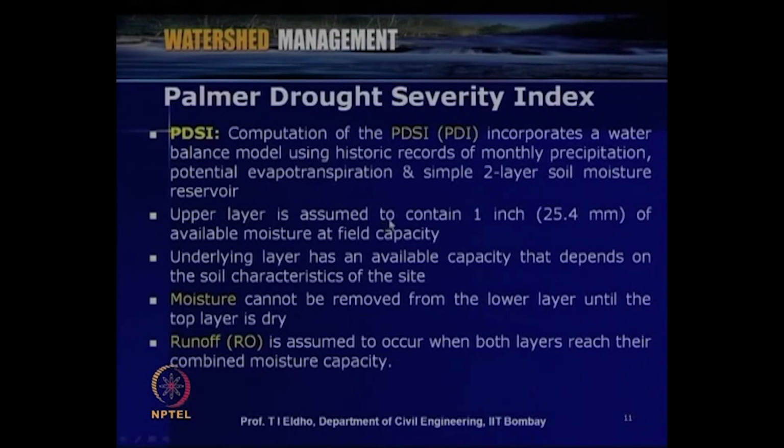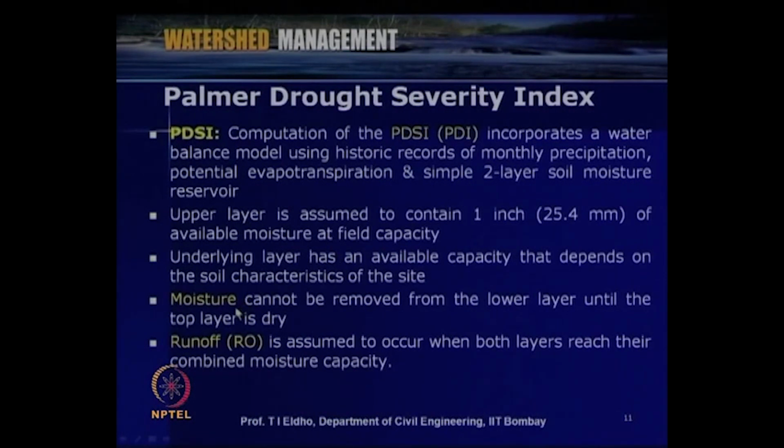The upper layer is assumed to contain about 1 inch of available moisture at field capacity, and the second, underlying layer has an available capacity that depends on the soil characteristics of the site. So, that way in the Palmer drought index we consider the water balance, then the monthly precipitation effects, then evapotranspiration and the soil pattern also.